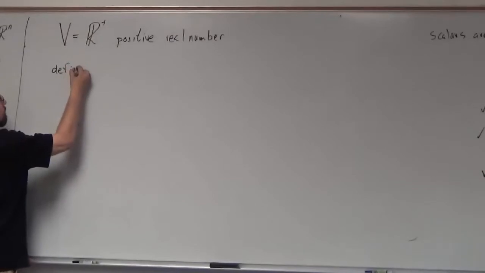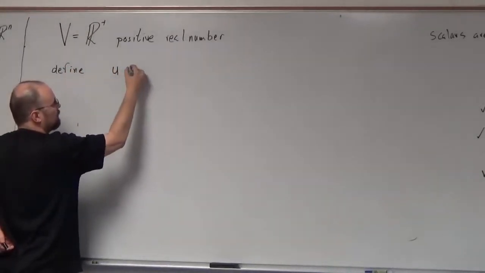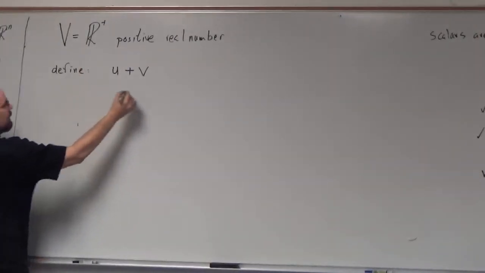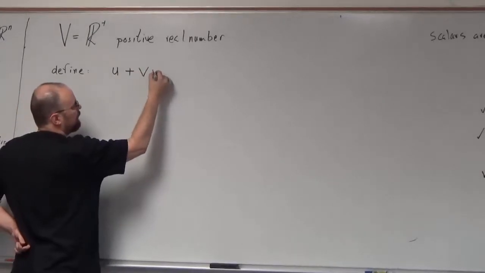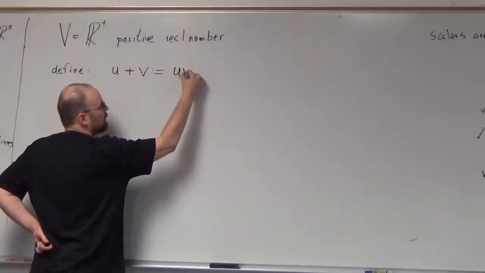And define addition. I might even use a different symbol to make sure we don't confuse, but no, it's challenging. We're defining addition so that u plus v by definition is going to be u times v.